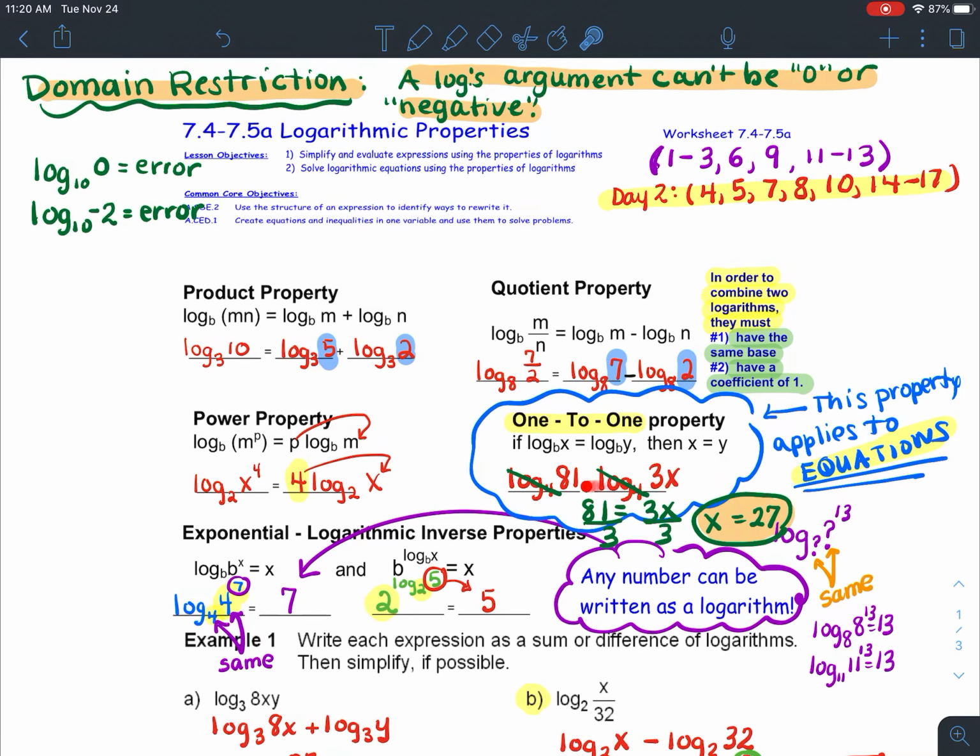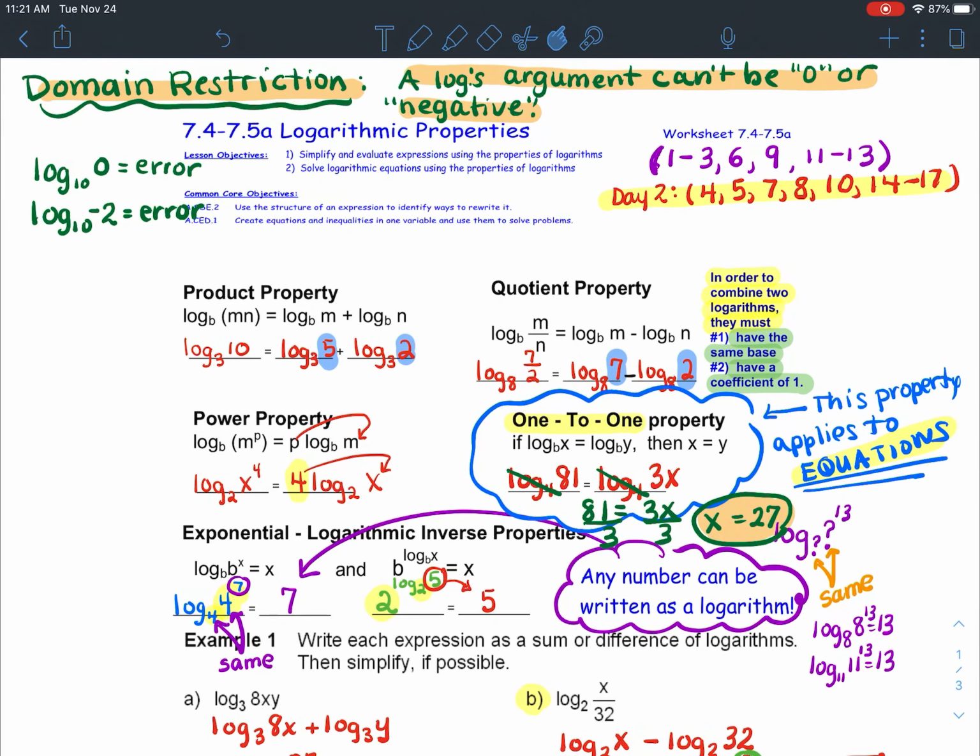If you plug that back in for the x's, would that create any argument that would either be 0 or a negative argument? If the answer is yes, then you need to throw that answer out. If that's the only answer you have and you're throwing it out, you would then write down no solution. But we can see that if we plug a 27 in for the x, 3 times 27 is not 0 and it's not going to be negative, so we're going to keep 27 as our answer.